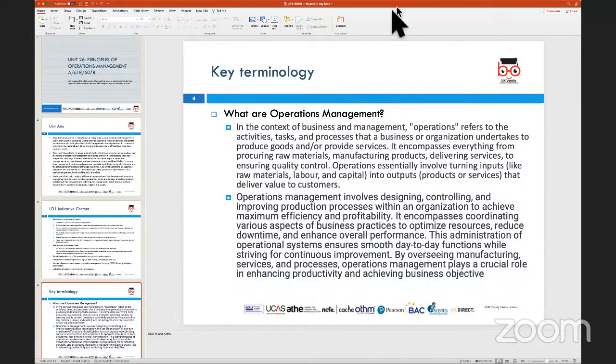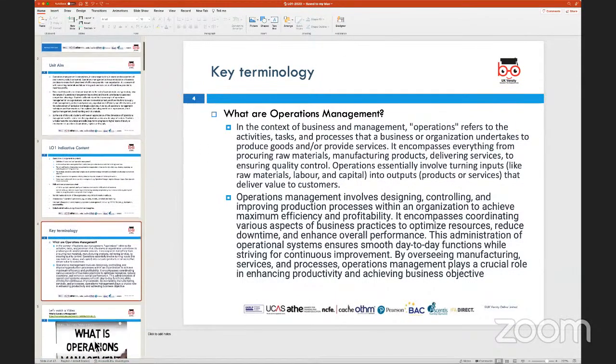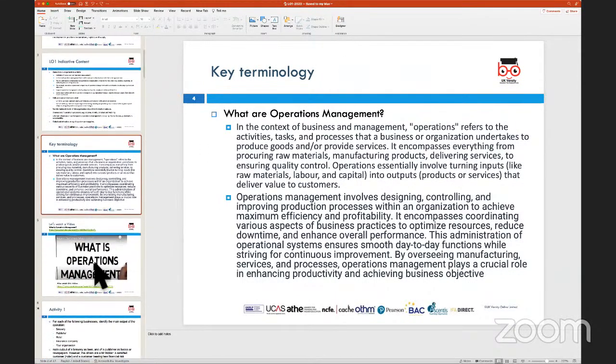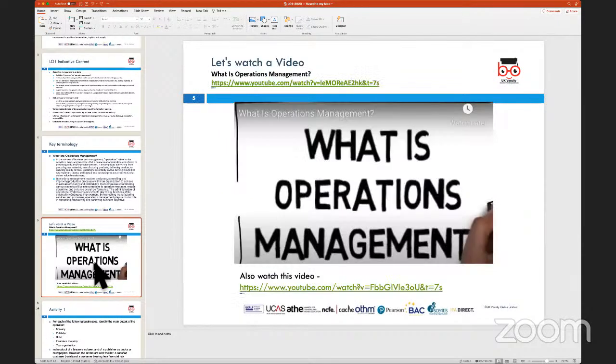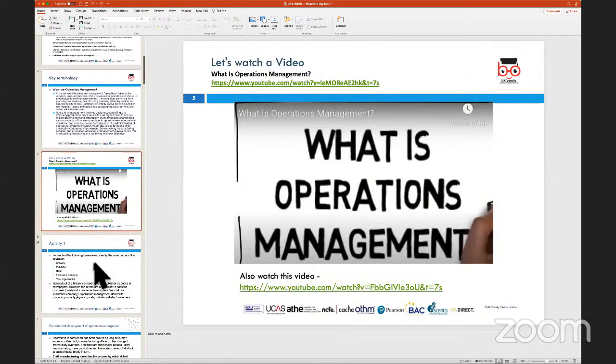And that bit of planning, organizing, controlling, and coordinating in terms of ensuring that the resources are able to provide the desired output will be termed as the management side of things.